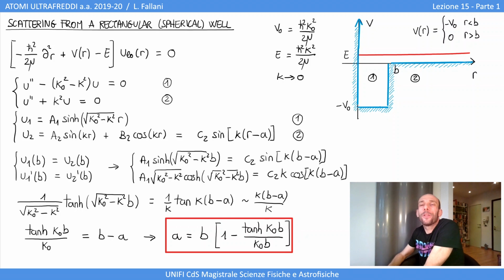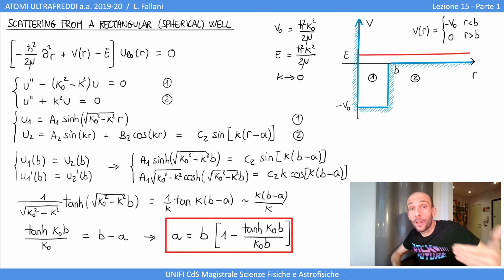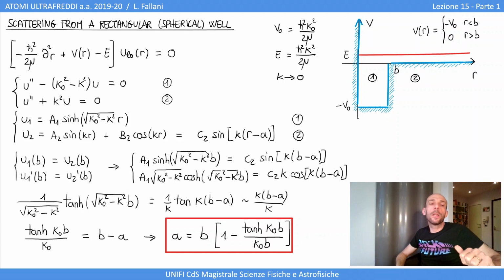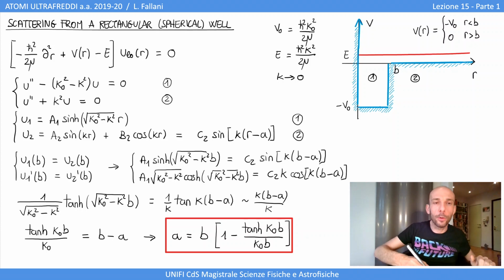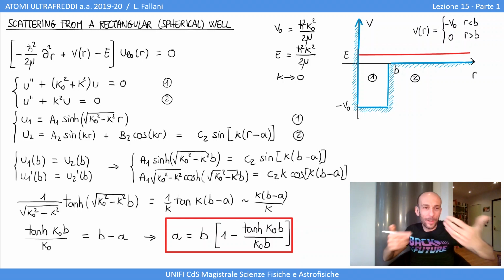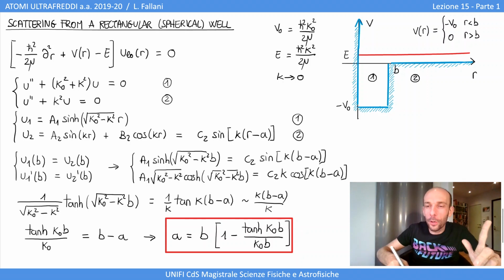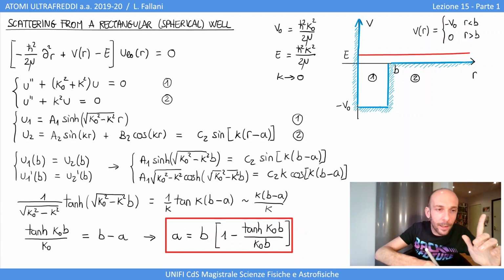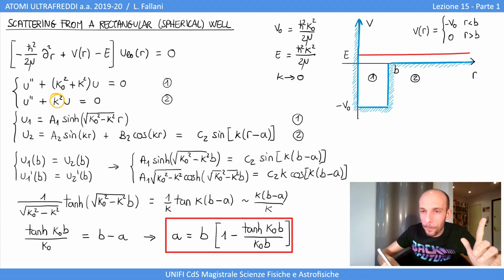Now the sign in equation 1 has to be changed, and so in particular region 1, that was forbidden before, now becomes an energetically allowed region. And so in particular, equation 1 should be modified in this way. So I have to put a plus here and a plus here. Basically you see that in analogy with region 2, in region 2 you have this k squared that comes from this energy here.